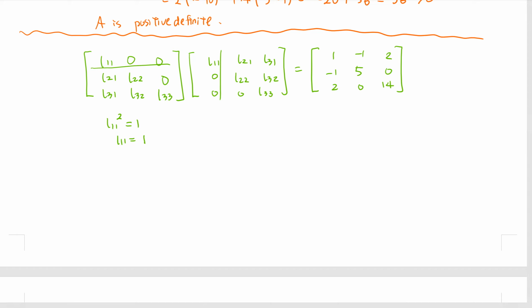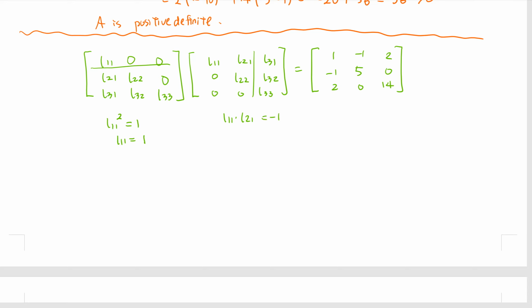And then next we have the first row times the second column. So we have L11 times L21 plus 0 times L22. That equals minus 1.